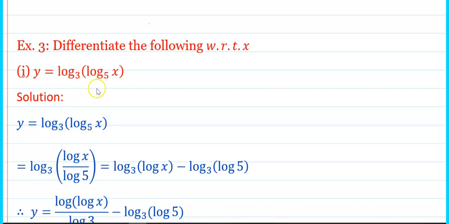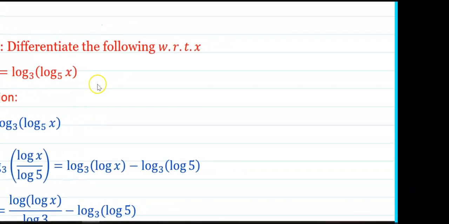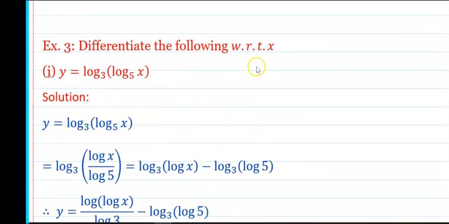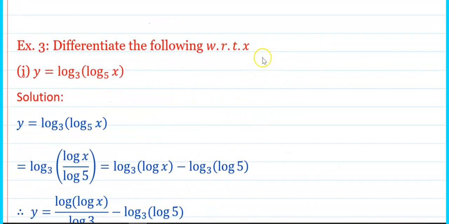In this type of examples, first of all we want to change the base. Suppose that if we have y is equals to log of m to the base n, then we can change it like this: log of m upon log of n.